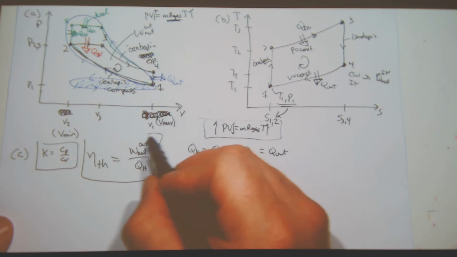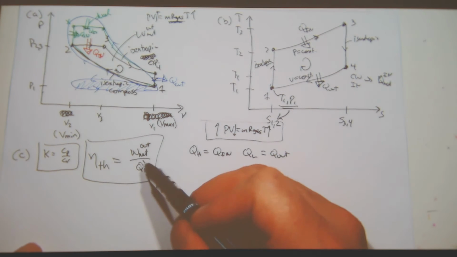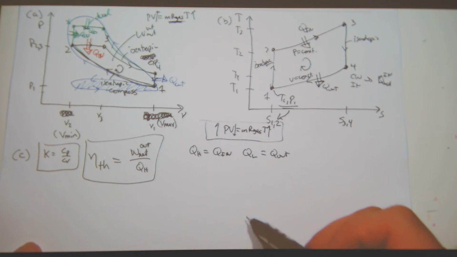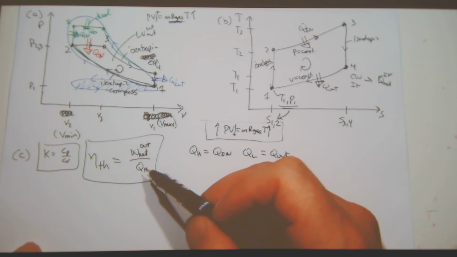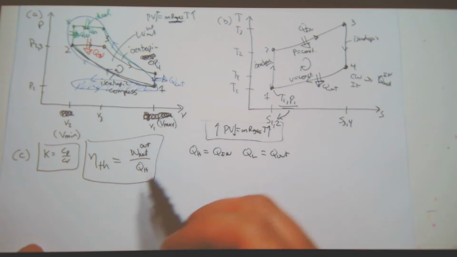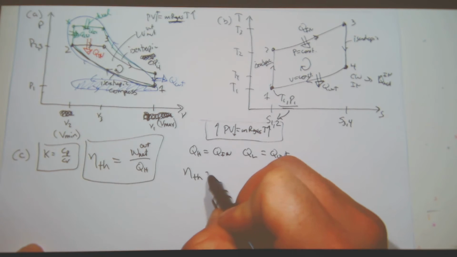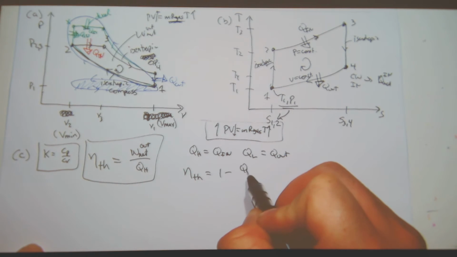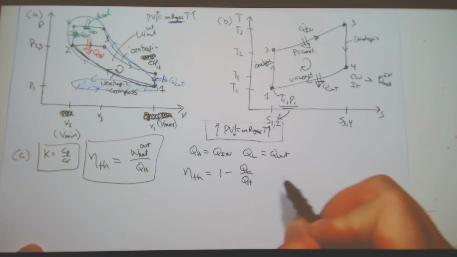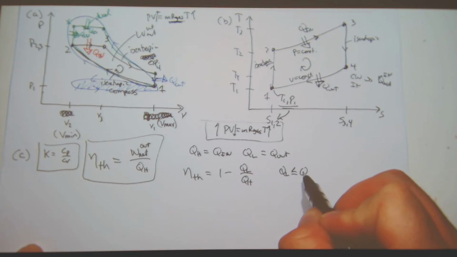This is the general formula for the thermal efficiency of a power producing system. QH is the heat being transferred from a high temperature source to my system. Another way to write this is eta_th equals 1 minus QL over QH, and based off the second law, QL has to be less than or equal to QH.